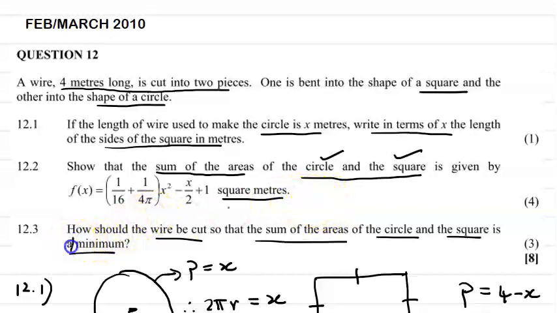Because remember that at your maximum and minimum value, the derivative of your function is equal to 0. So f prime x equals 0 at the minimum and the maximum value.